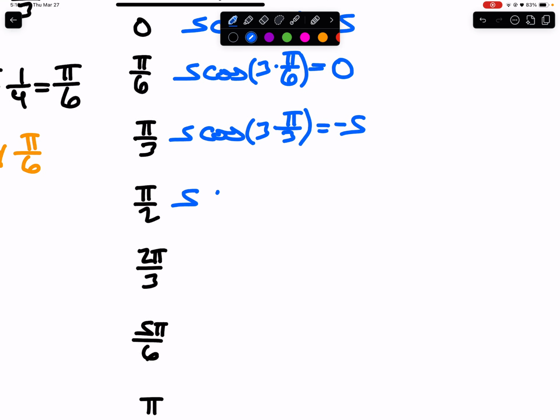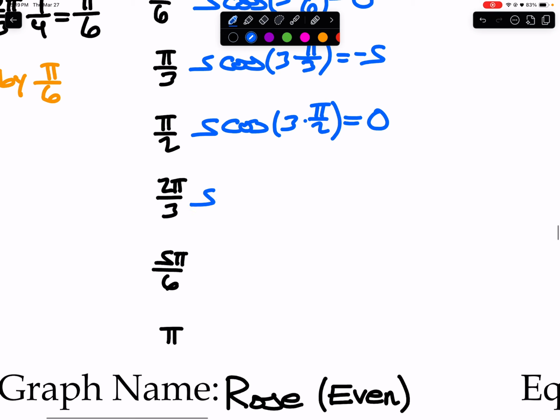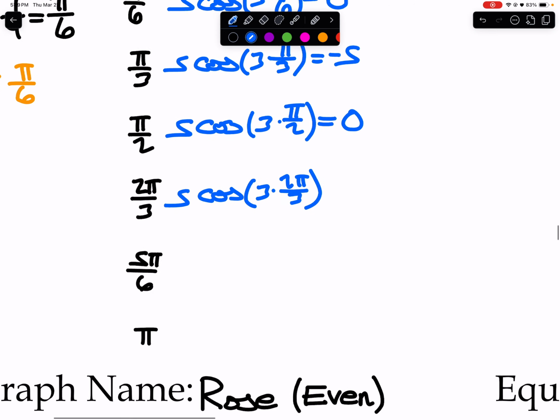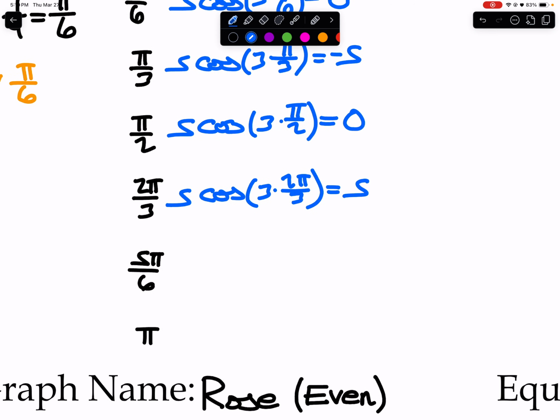So I'm just going to keep following this pattern. 3 times pi over 2. So that's going to give me 0. And then 5 cosine 3 times 2 pi over 3, which is cosine of 2 pi, which is 1, times 5, which is 5.